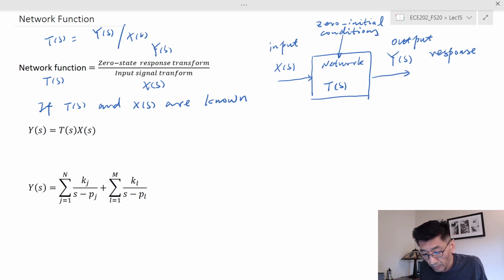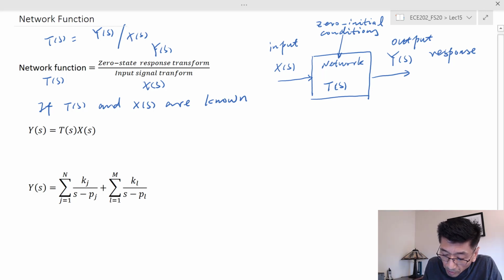Let's say T(s) has simple poles, without any multiple or identical poles, and X(s) also has simple poles as well. So we can do the partial fraction expansion (PFE) on Y(s).